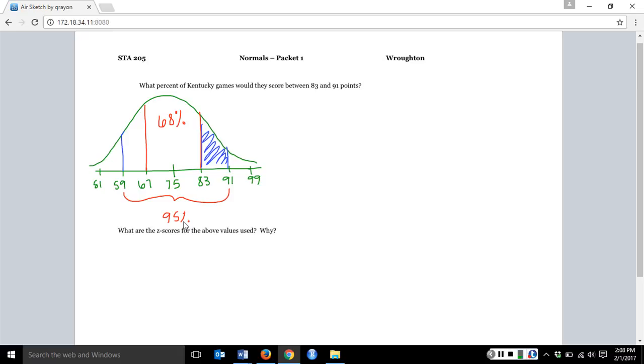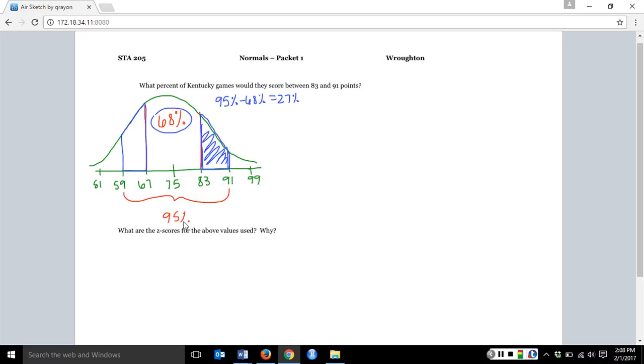So again, this piece plus this piece I actually want, and the 68% add up to that 95%. So from there, what I could do is, okay, well, I need 95% in total. Let me get rid of that 68%, and I get my 27%.